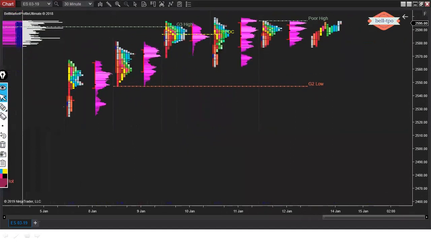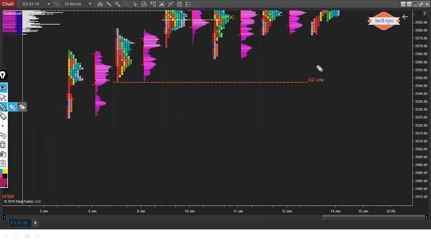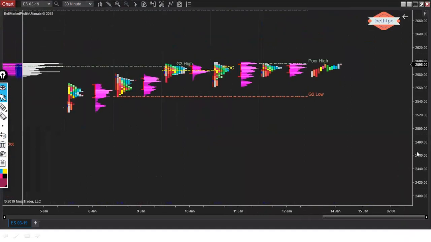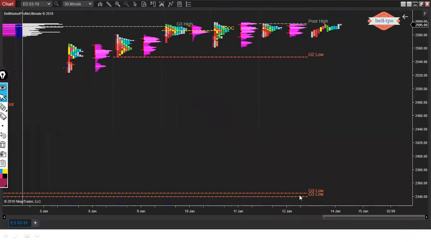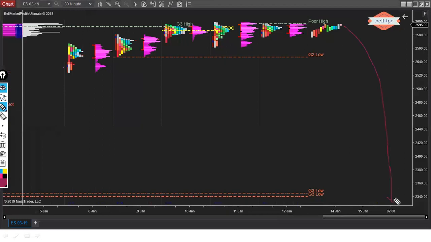That is where you have to start attempting towards those back-to-back G3 lows, which means those lows are not secured yet. Maybe either in February or March, we'll be back to these levels.